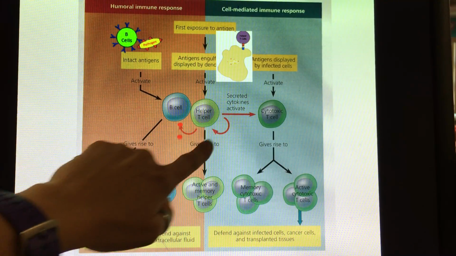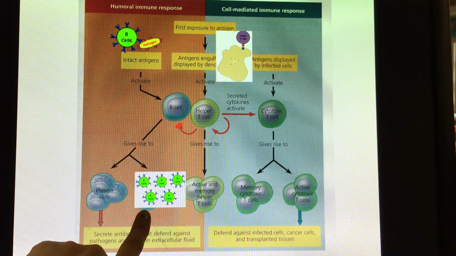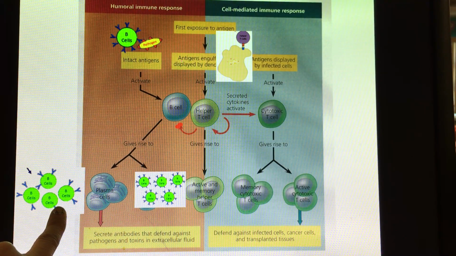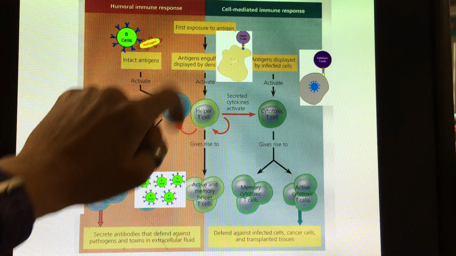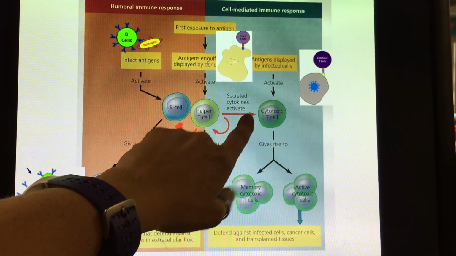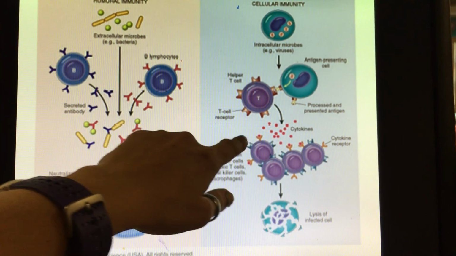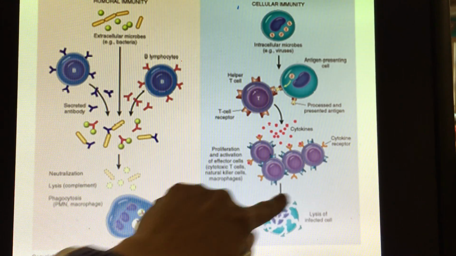Once the helper T cells release cytokines, it activates the B cell to divide into memory cells as well as plasma cells. Then your helper T cells also secrete cytokines to activate your cytotoxic T cell, or your killer T cell. And then your killer T cell will destroy your virus-infected cell. And that's our immune system.